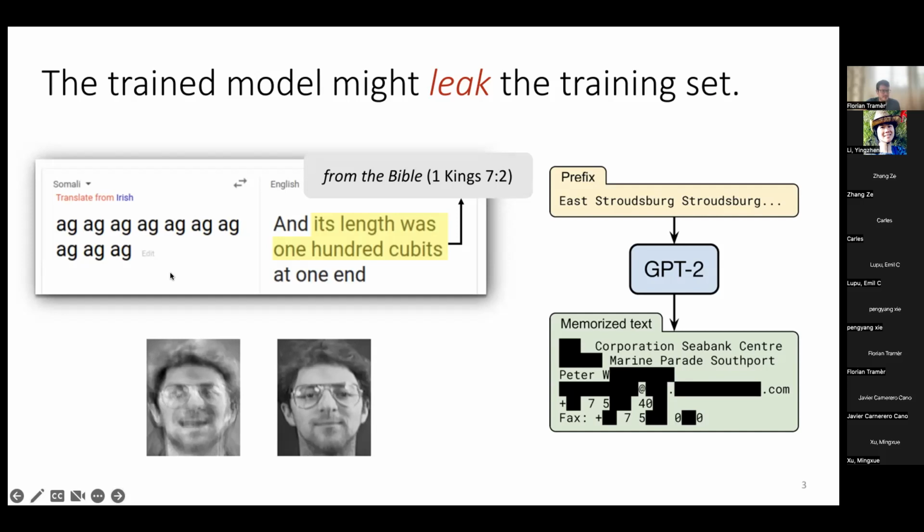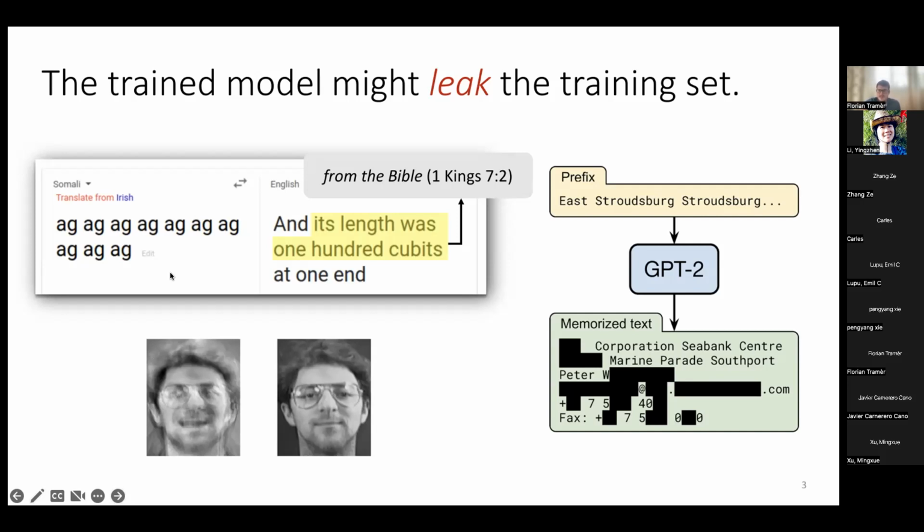Sorry, this was, I think, a journalist that just noticed that you could tell Google Translate to translate some gibberish from Somali into English, and the translation model would just spit out a memorized biblical verse. So presumably verses from the Bible were part of the training set here somewhere.